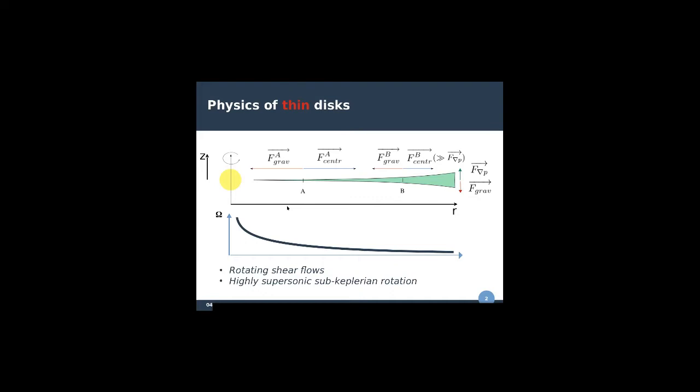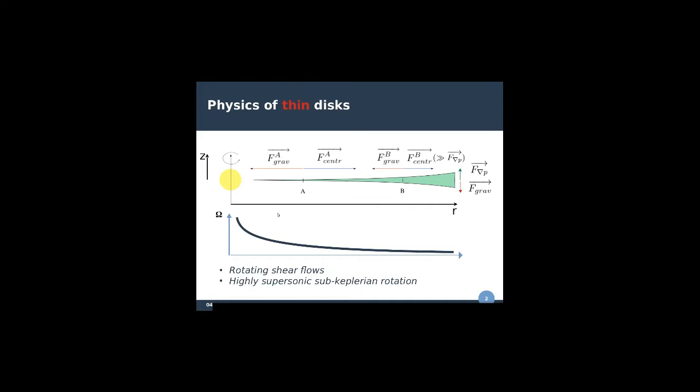If we look at large scale, these disks are often considered as being 2D, where the quantities are integrated vertically. And in 2D, at large scale, the pressure gradient and the sound speed have an important effect, so it's compressible.